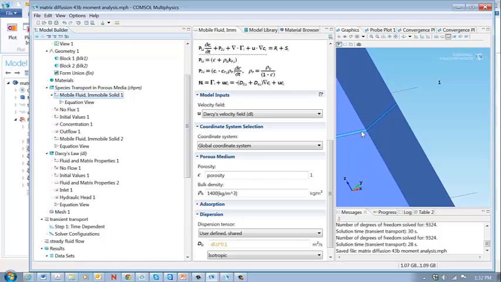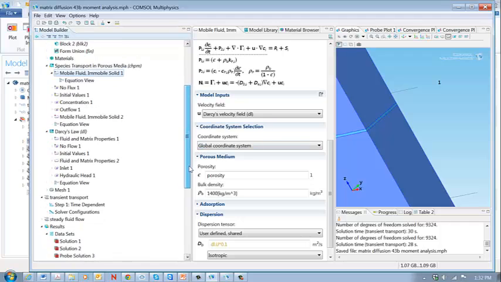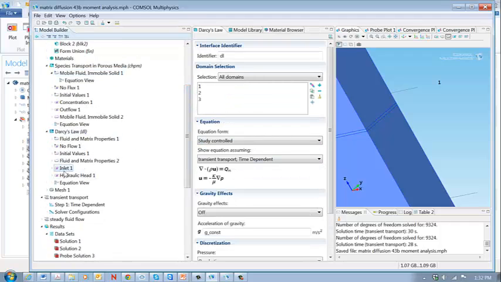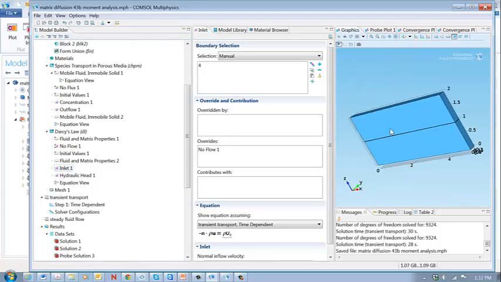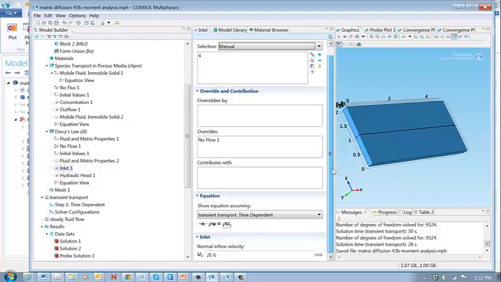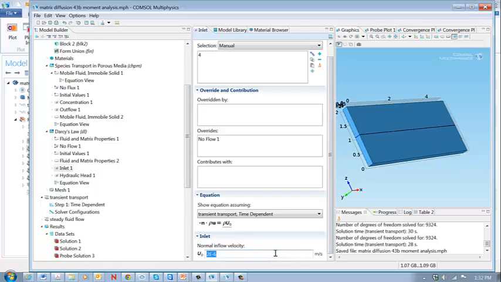Okay, so Darcy's law is set up with an inlet boundary condition up here on the upstream end. This is the inward flux of the water, 2e to the minus 6, and the average velocity of the water moving through that fracture is 2e to the minus 6 times 1 over the porosity of the fracture.